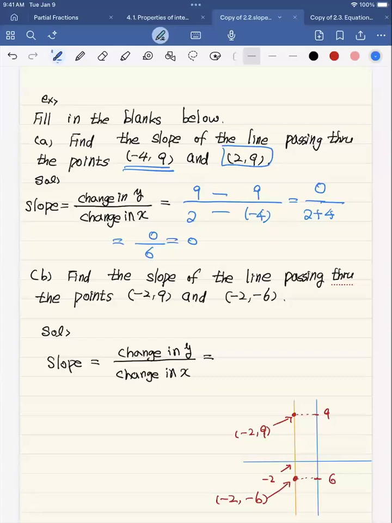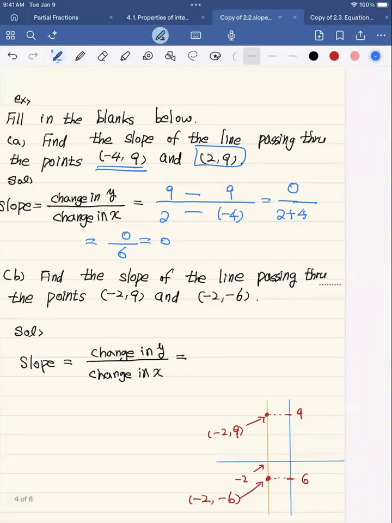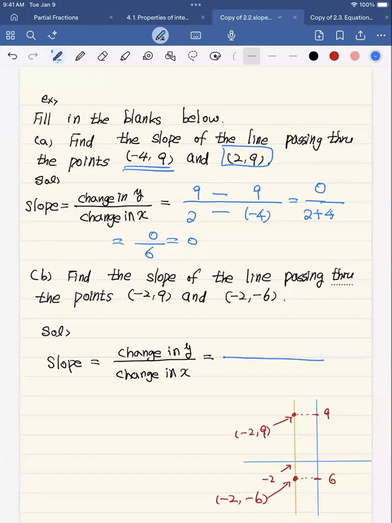In the next problem, we have to find the slope of the line passing through the points -2, 9, and -2 and -6. Let's choose this one first. Then y value -6, x value is -2, minus y value in another coordinate is 9, and x value is -2.